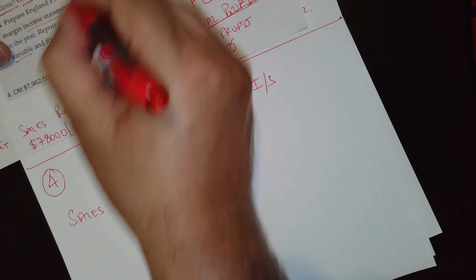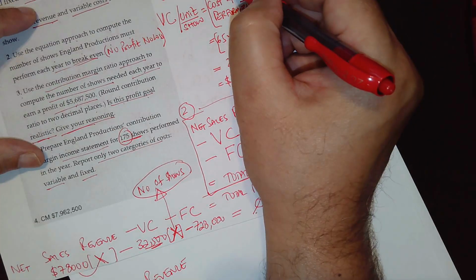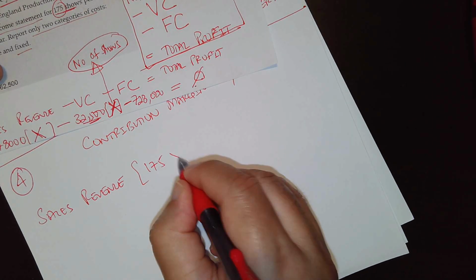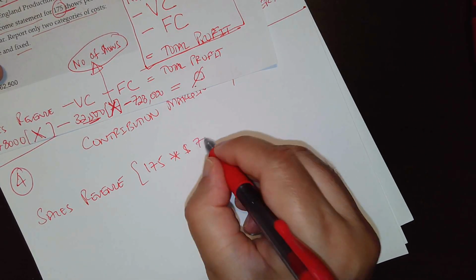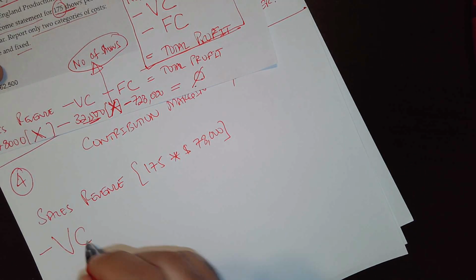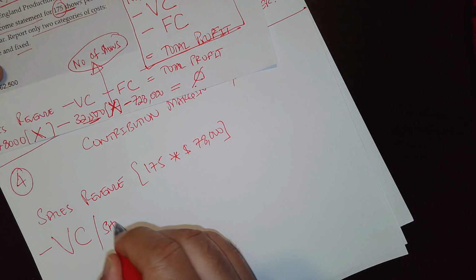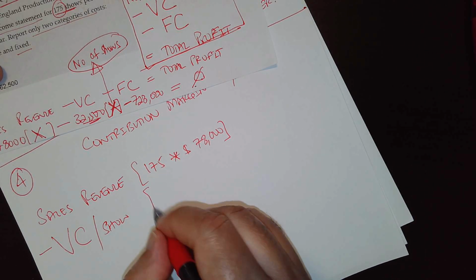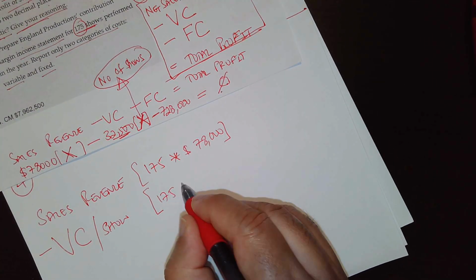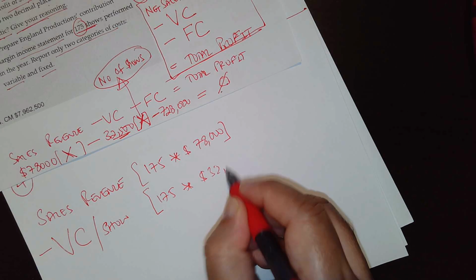So we are doing it for 175 shows. We know that each show is giving us $78,000, which we have calculated. So 175 multiplied by $78,000, minus the variable cost per show, which we have calculated as 32,500, so 175 multiplied by 32,500.